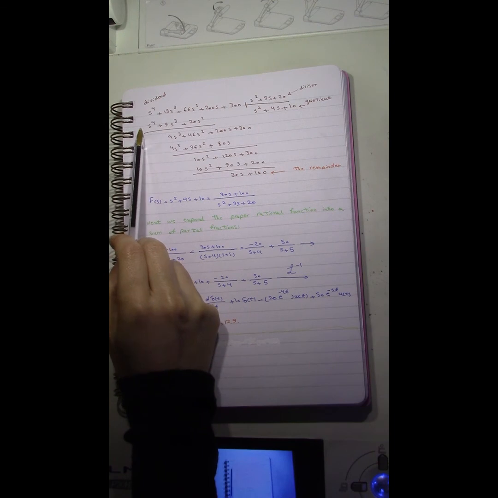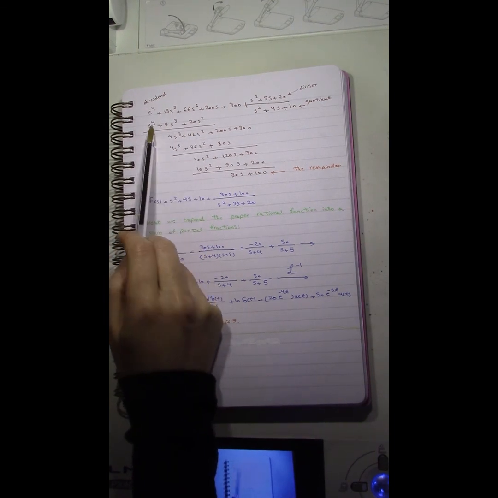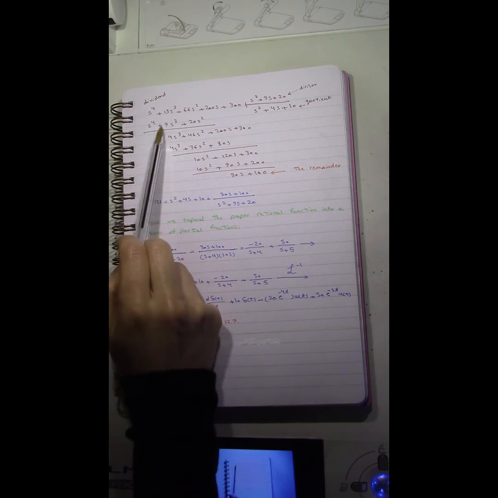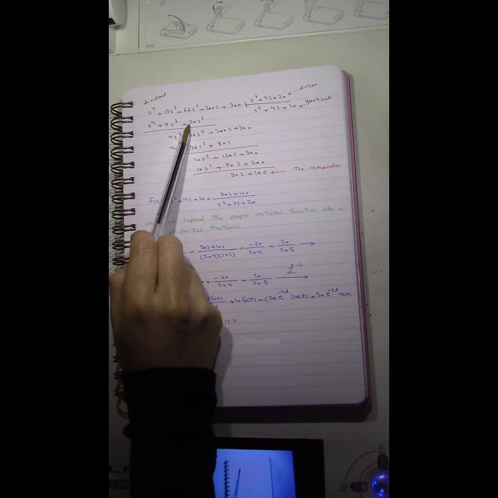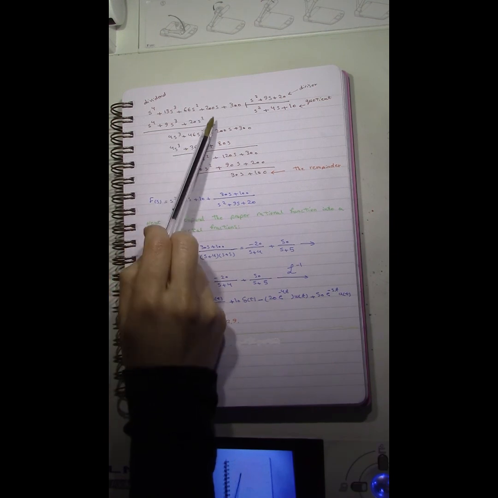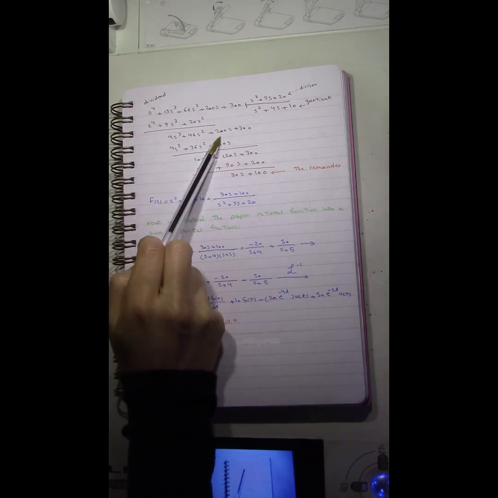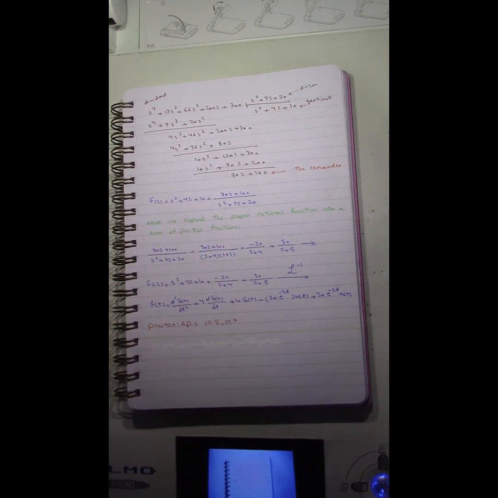You just negate the signs. So S4 minus S4 is 0, 13 minus 4 is 4, and 66 minus 20 is 46 S squared, and you have 200S plus 300. You want me to explain more? No, that's fine. Okay.